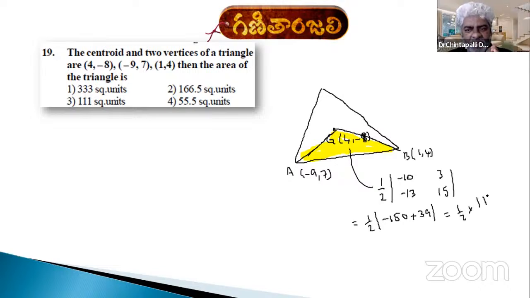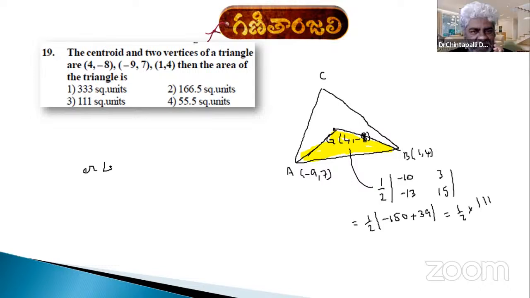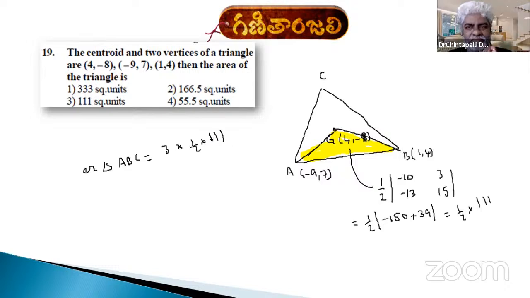It is 111, right? Triangle ABG is half of 111. Yes, sir. But we need triangle ABC. It is 3 times. Yes, sir. 3 times the area of triangle ABG. 3 times 111. That's the answer.